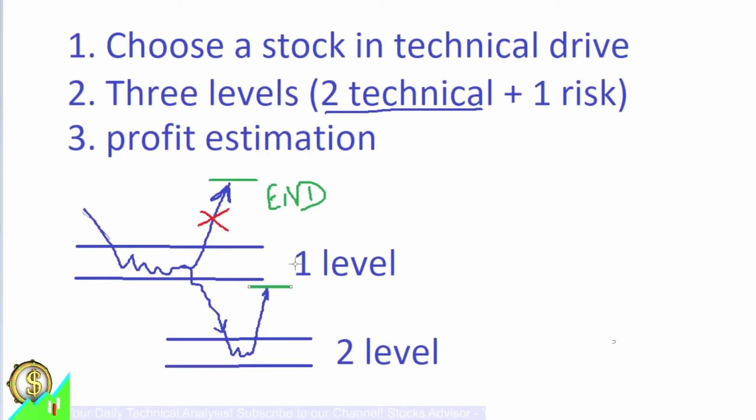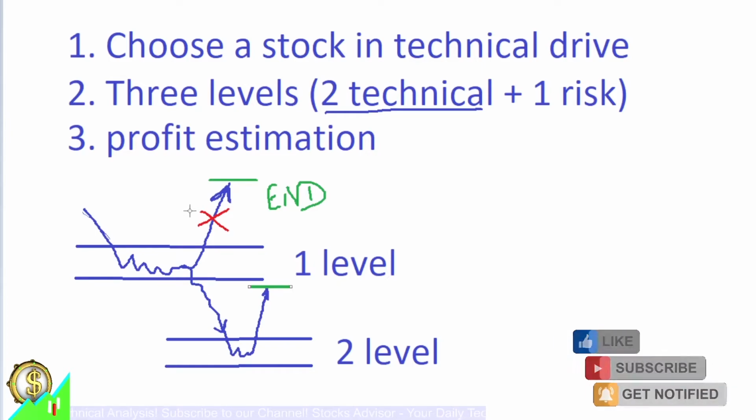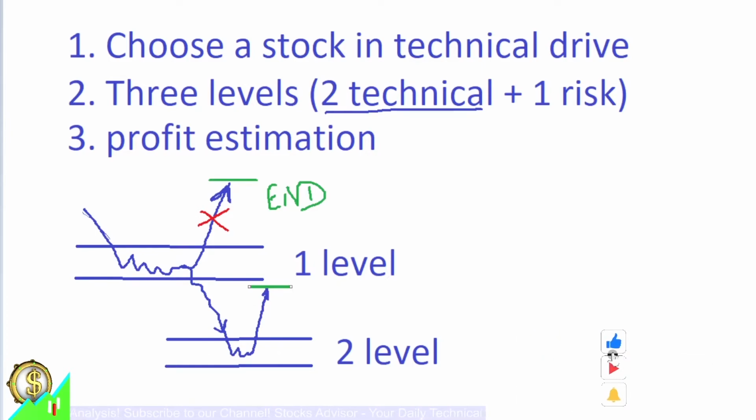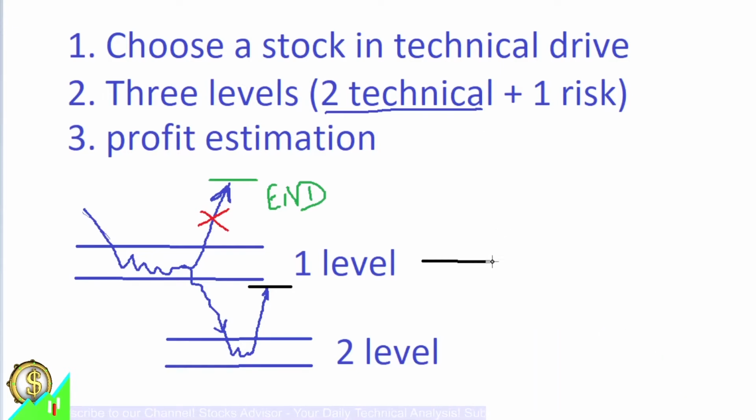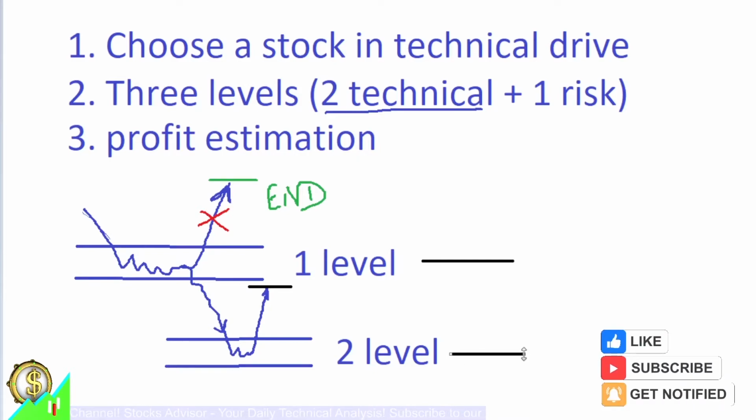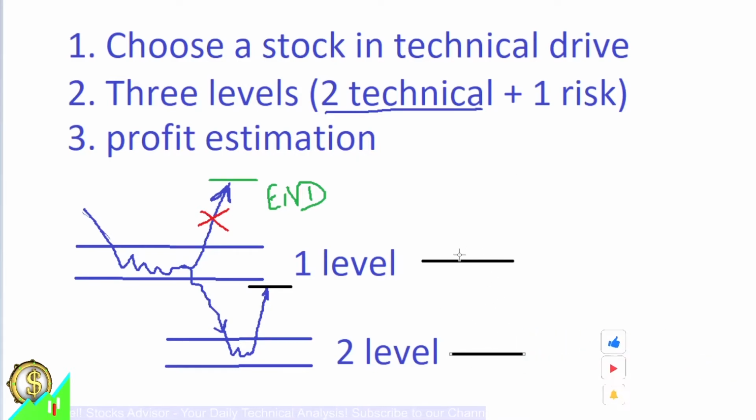Why is it now a little bit lower? Because overall, when you buy at the second level, your average price will be lower. So if first your average price is, let's say, here, at the first level, when you buy another portion at the second level, your new average price will be inside of these two levels. So it will be in the middle.